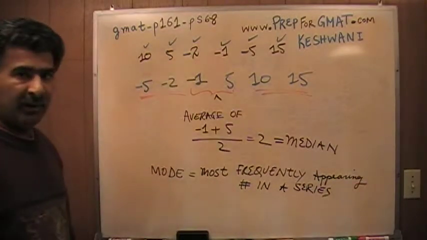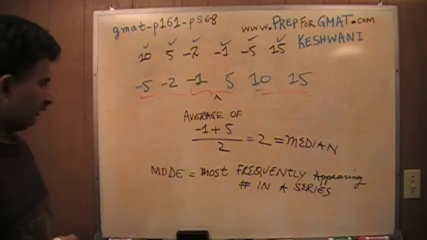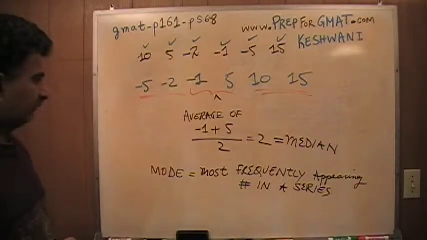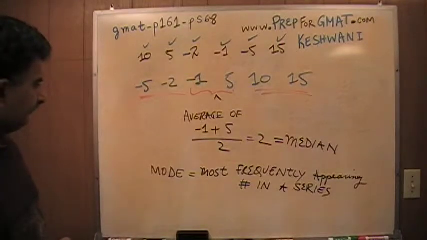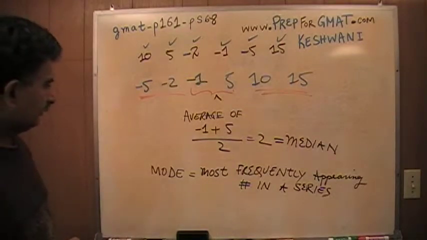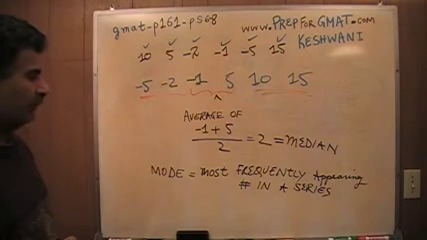I'm not a very good speller, so if I misspell something, forgive me. I do mess up spelling, particularly when I'm writing in capital letters. If I'm writing cursive, I have an easier time spelling things. So it's the most frequently appearing number in a series.